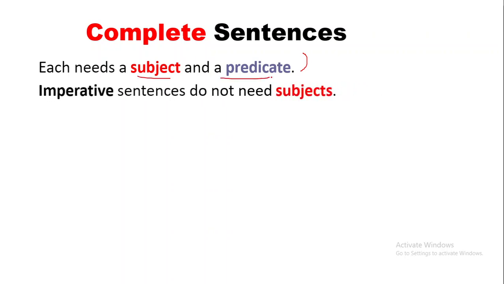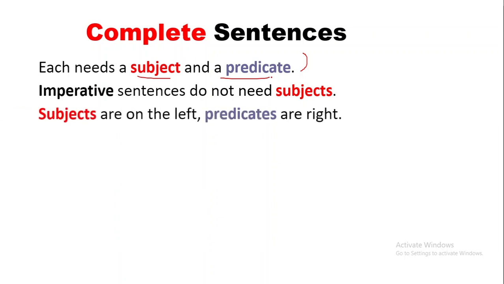Subjects are always on the left of the sentence, and predicates are always on the right side of the sentence in the English language. For example, she runs. Here she is the subject and runs is the predicate. When you have the subject and the predicate, this means you have a complete sentence.